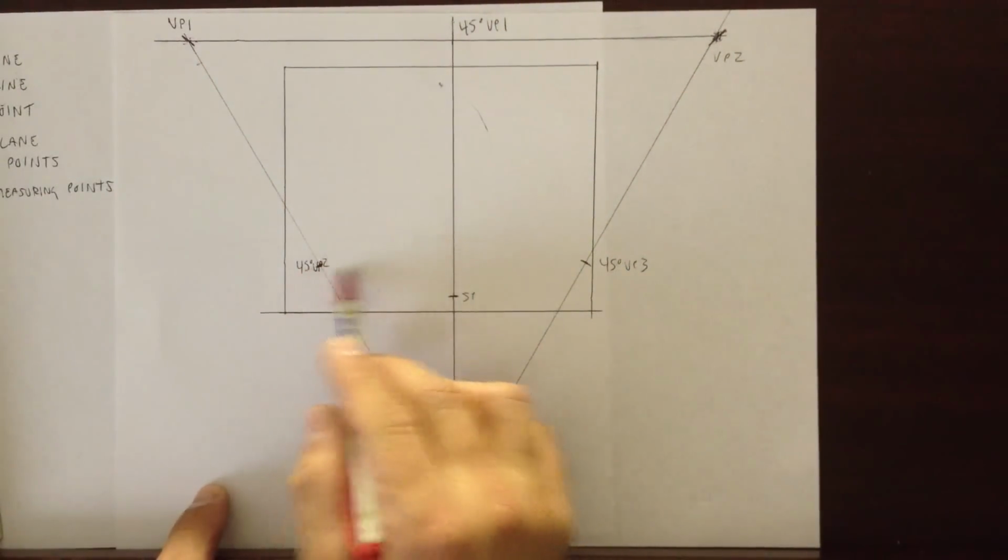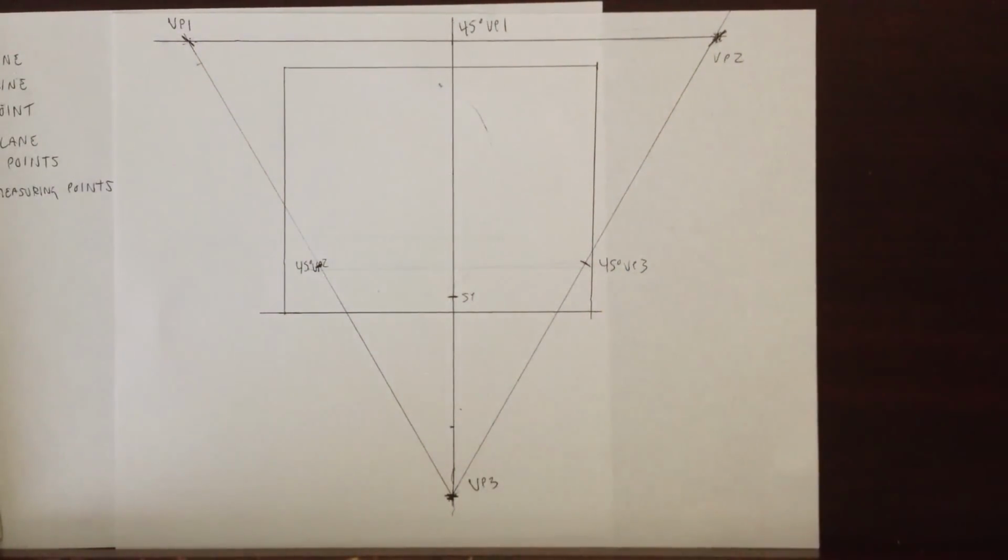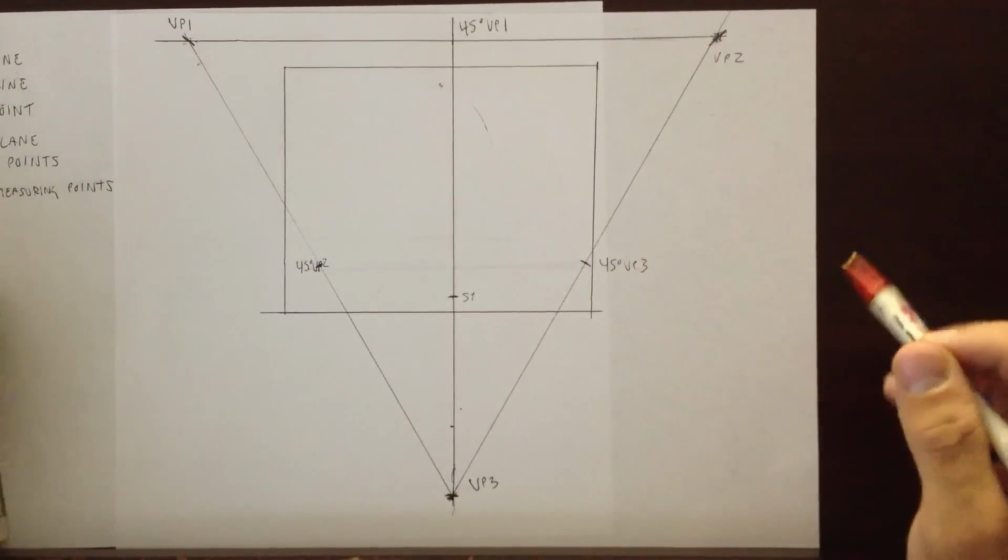And these should basically sit on the same horizontal line. Okay, having done that, you can now build your cube.